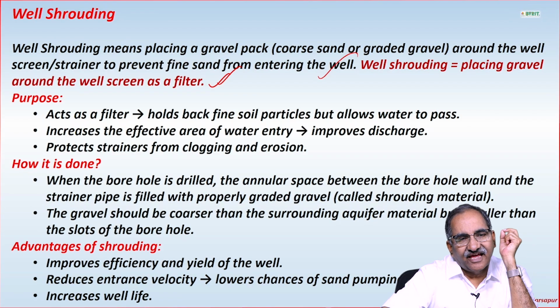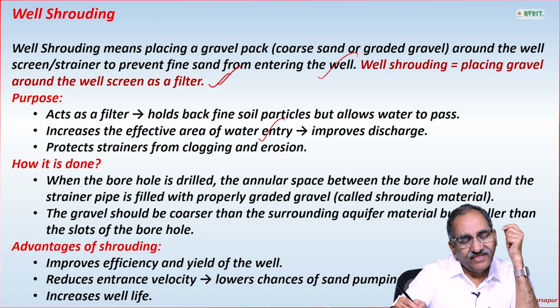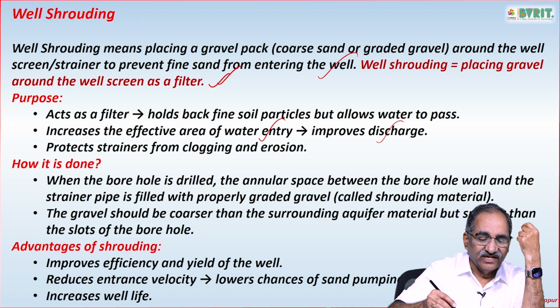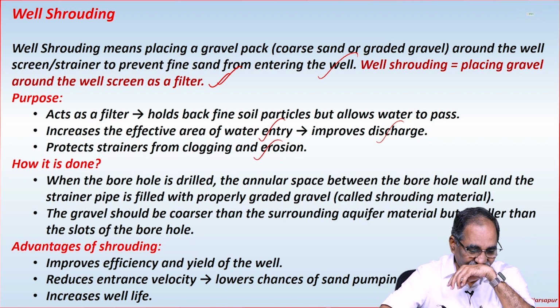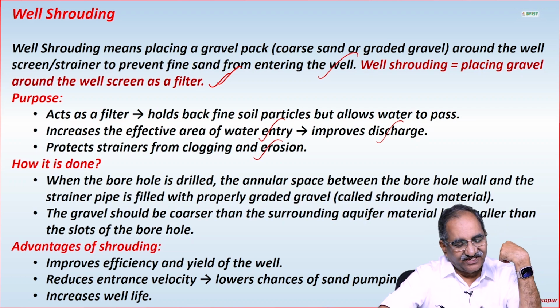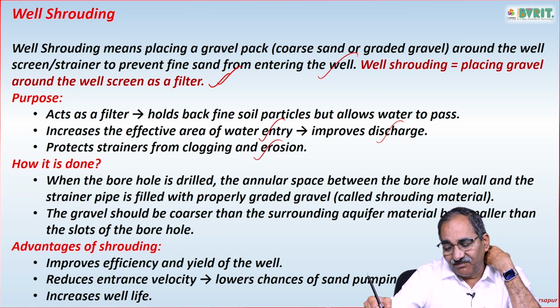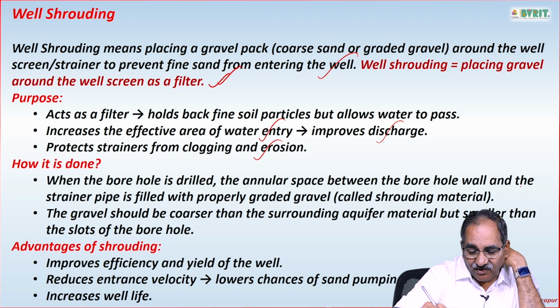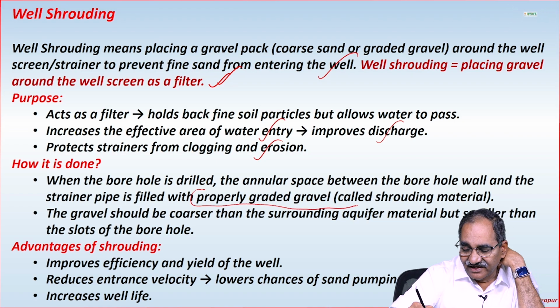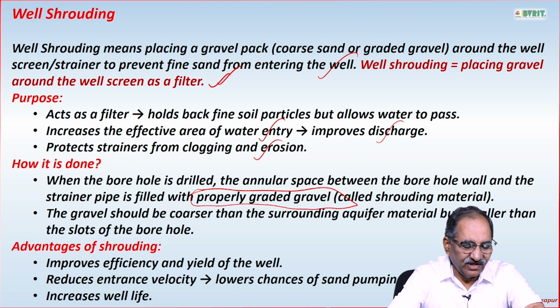First, it increases the effective area of water entry, thereby improving the discharge. It protects the strainer pipe from clogging or erosion. How is it done? When the borewell is drilled, the annular space between the borehole wall and the strainer pipe is filled with properly graded gravel, which we call shrouding material.